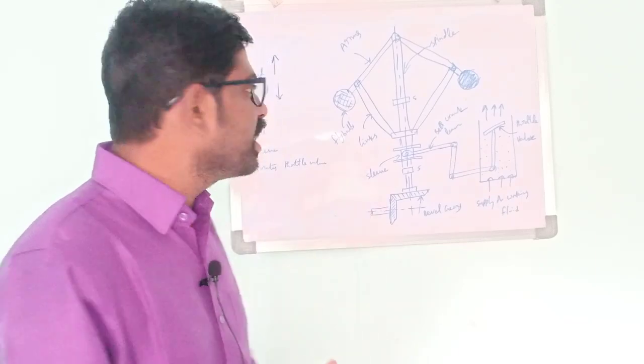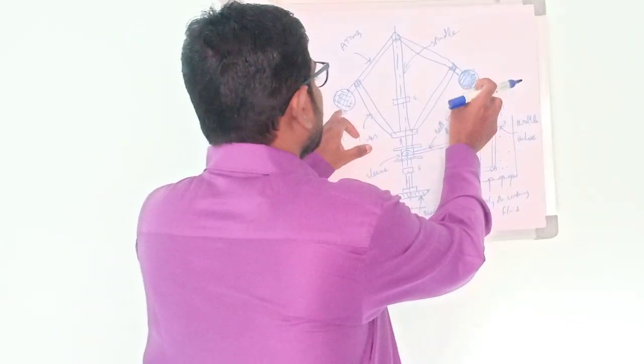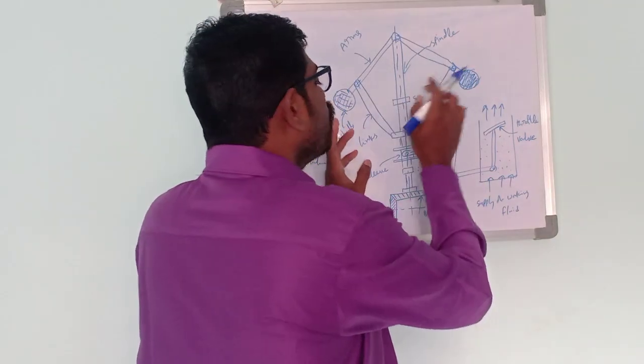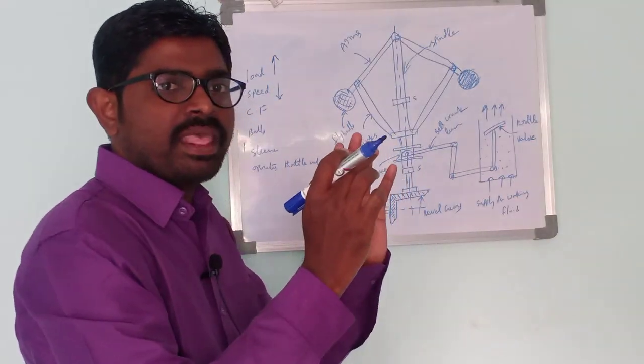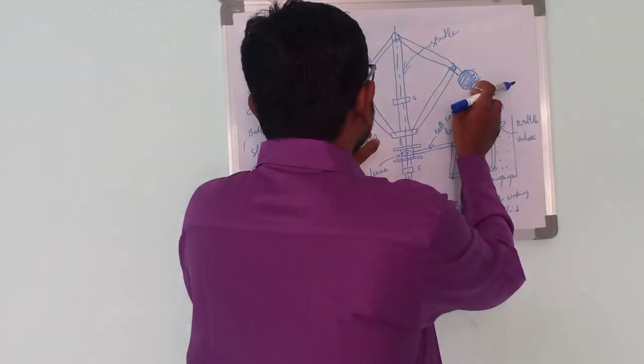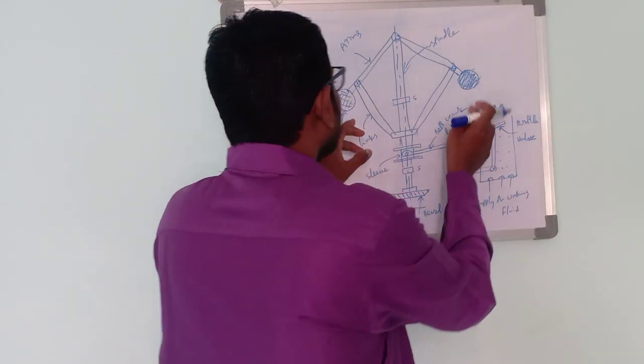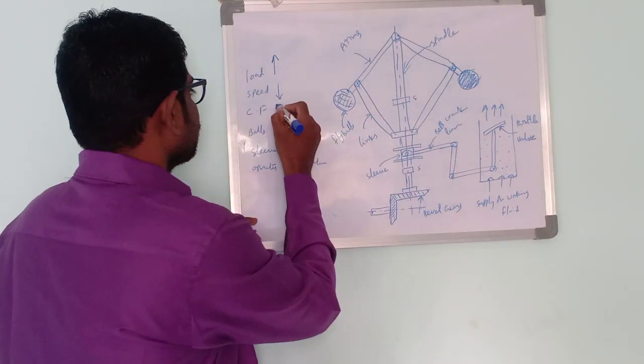When the spindle speed is decreased, the governor balls will move with lesser speed, and automatically the centrifugal force will be decreased.